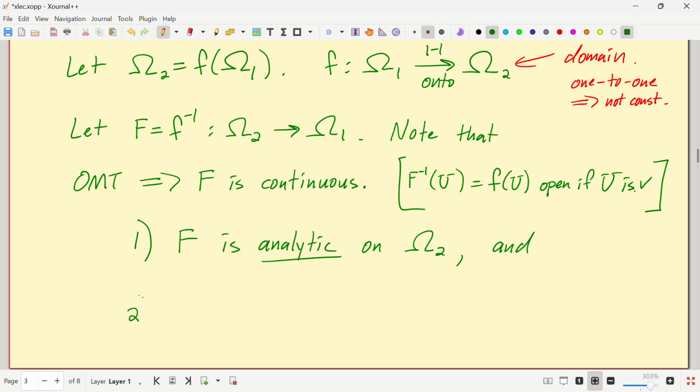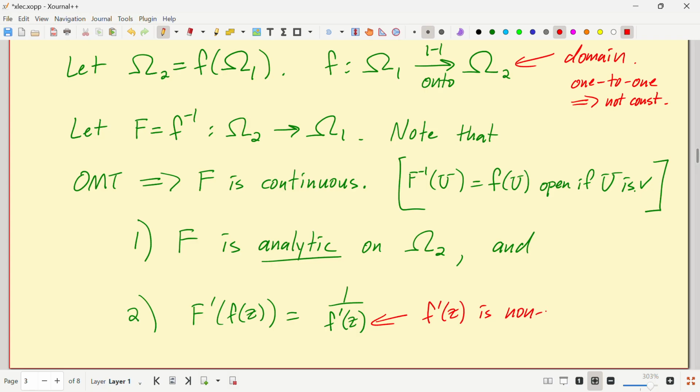And 2, g prime of f of z is equal to 1 over f prime of z, and f prime of z is non-vanishing on omega 1. So being 1 to 1 means it has non-vanishing derivative.